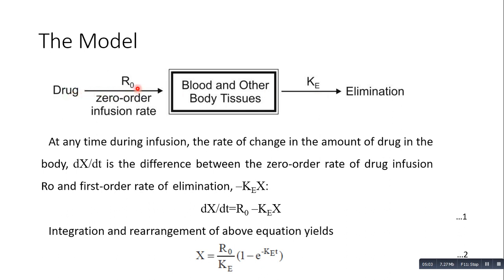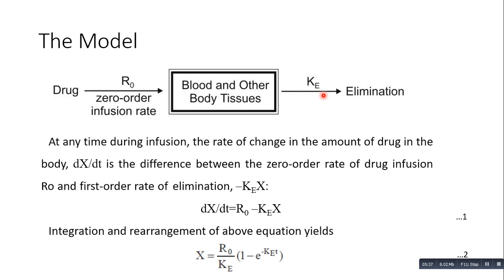Now, at any time during the infusion, the rate of change in the amount of drug in the body, that means how much amount is present in the body, or the changing rate, that is denoted by dX by dt, is the difference between the zero order drug infusion, that is R0, and first order rate of elimination, that is minus KeX, that is simply rate in minus rate out.